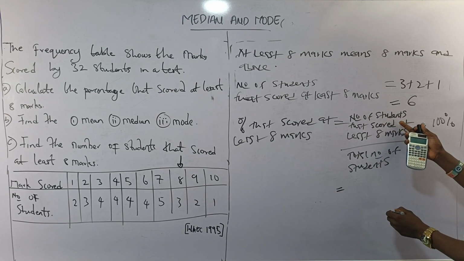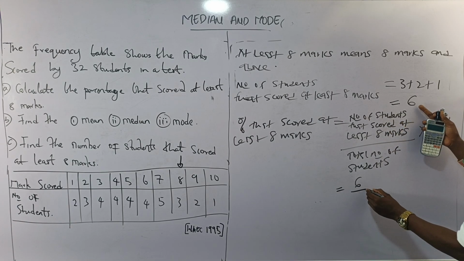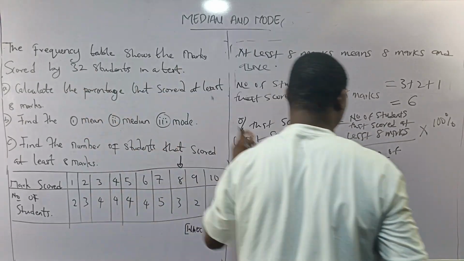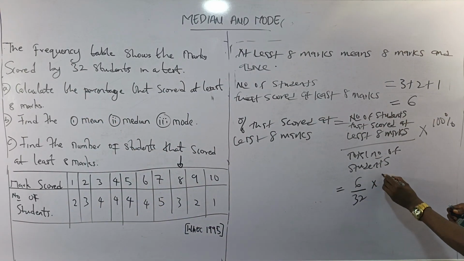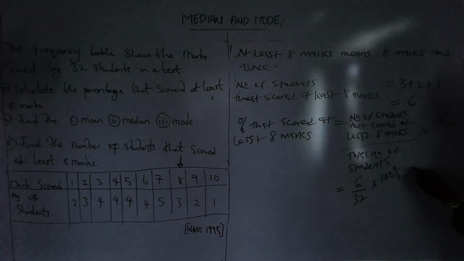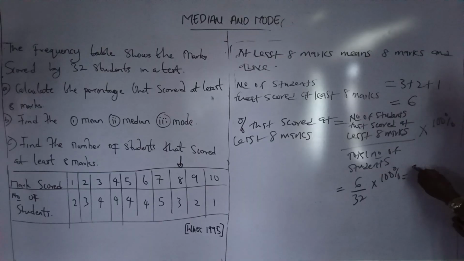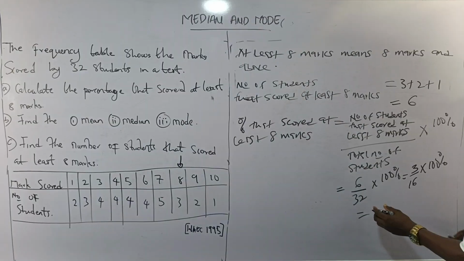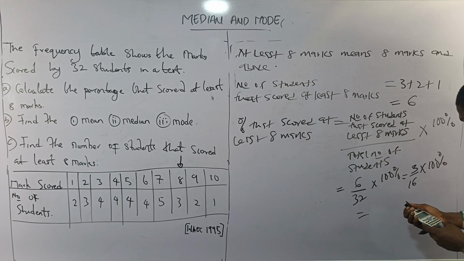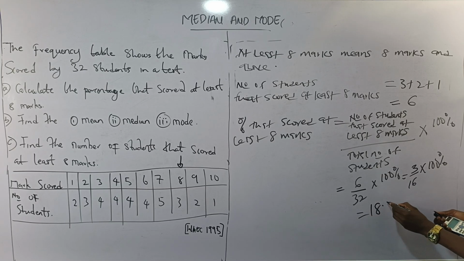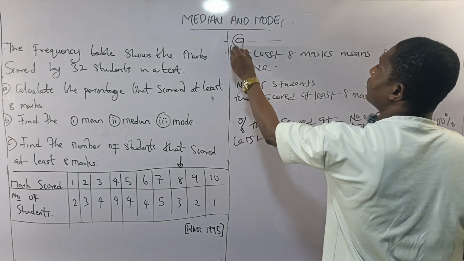So number of students that scored at least 8 marks is 6. Total number of students was given as what? 32. So we have 6 over 32 times what? 100%. Can decide to break down to give you 3 over 16 times 100%, which gives us 3 divided by 16 times 100, which will give us 18.75%. So this is the solution for our part A.